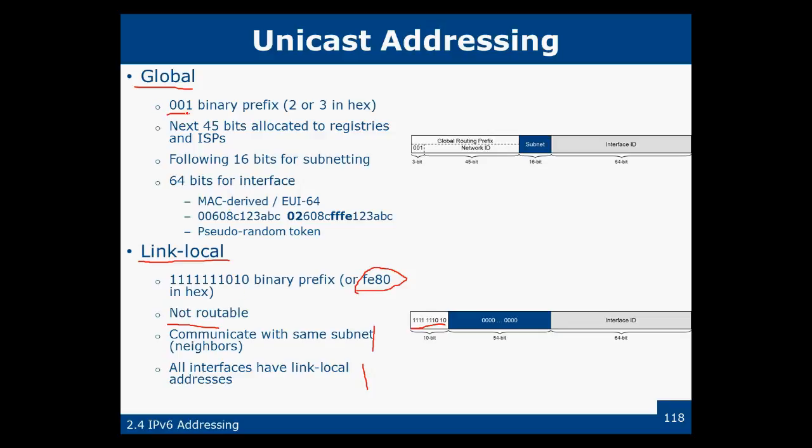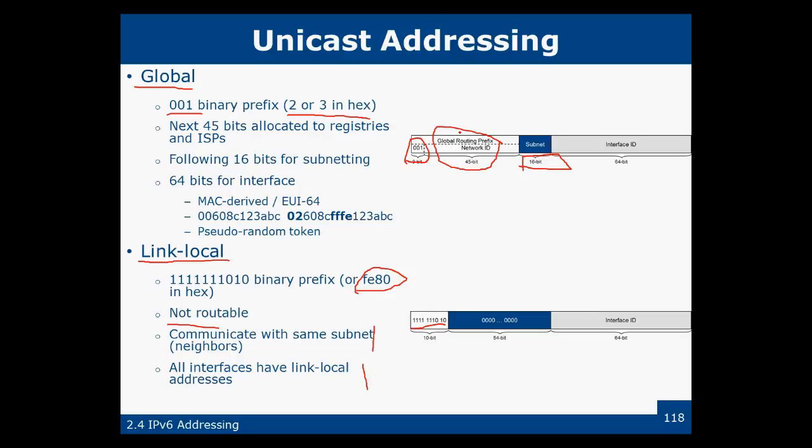A global address is 001 binary, so that the prefix will be a 2 or a 3 in hex. We have a 3-bit prefix here, and then the global routing prefix network ID is going to be the next 45 bits, and the subnet will be the next 16 bits. The global allows the hierarchical arrangement of IPv6. They've done a little bit better job of trying to minimize the size of route tables.